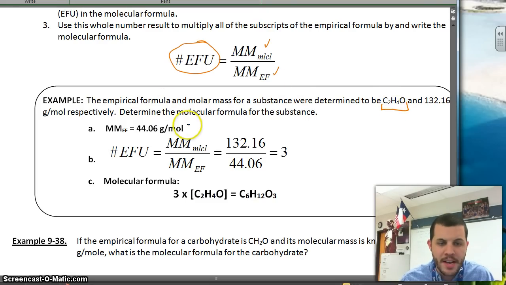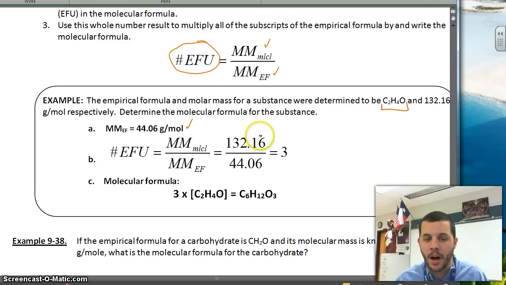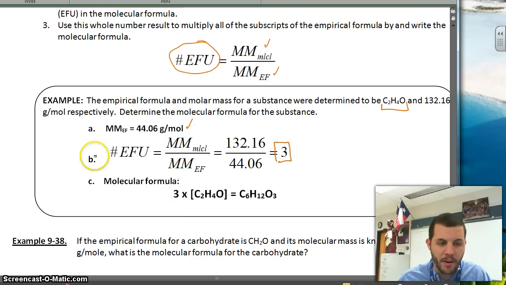So we do the math and we see it's 44.06. The problem tells us that the molar mass of the compound is 132.16. So I divide that number by this number, and I end up getting 3 for my number of empirical formula units. So then what I do is I multiply all of these numbers by 3 to get my molecular formula. Okay, and that's how you do it.